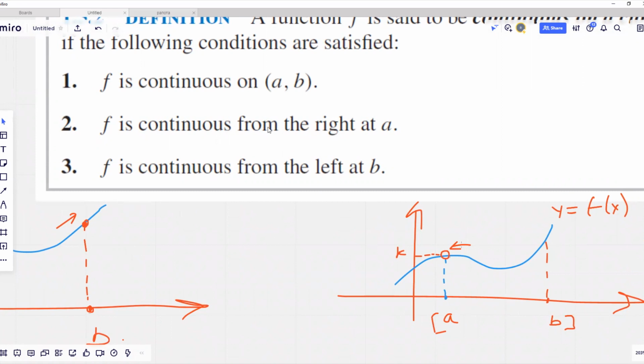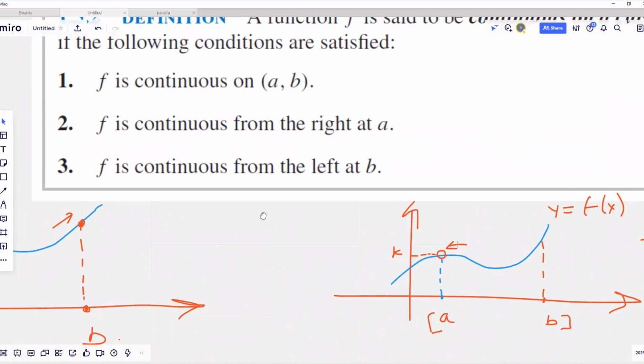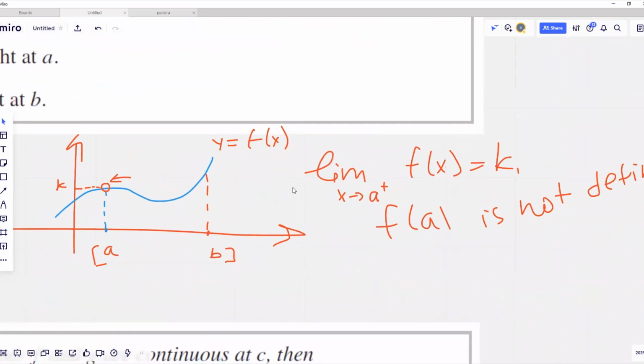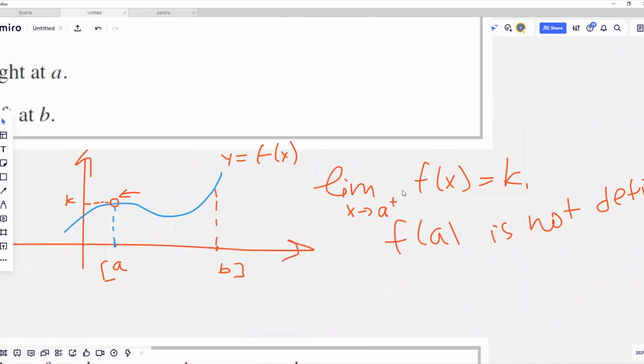So basically, this statement here means that the right-sided limit should exist and be equal to the value of function at that right endpoint.